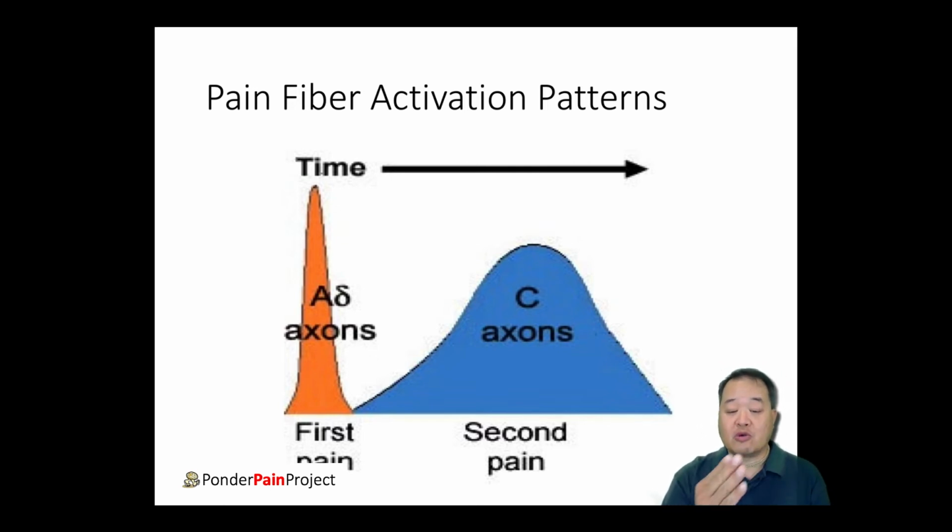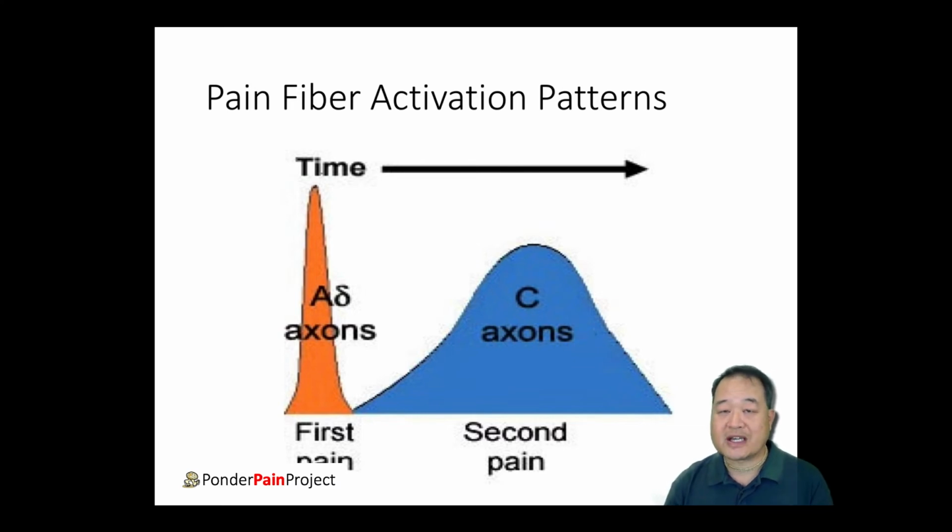Once it starts to go off, you'll see the C fibers start to reach the brain. They go to the regions below the thalamus first, and then they need to be routed from there up to the thalamus and into the brain. So it takes a little bit more time for that to occur.